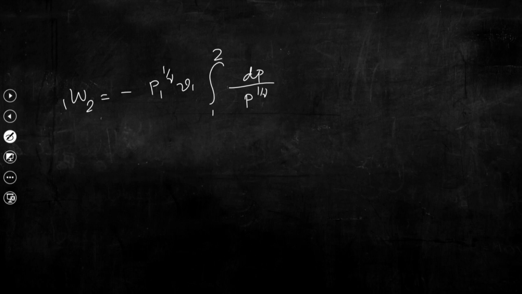If we perform this integration, then what will we be getting? We will be getting minus P1 to the power 1 upon gamma V1 and then minus 1 upon gamma plus 1, that is gamma minus 1 upon gamma.